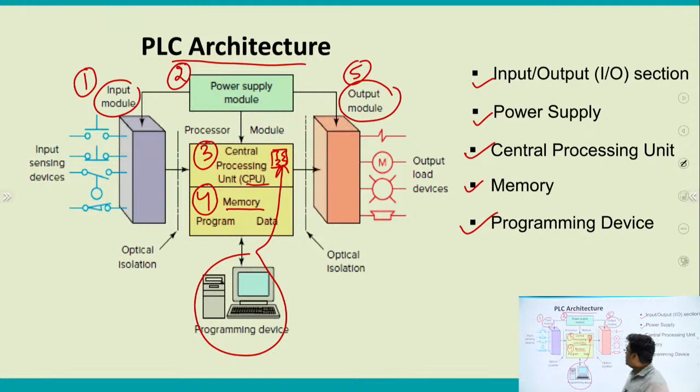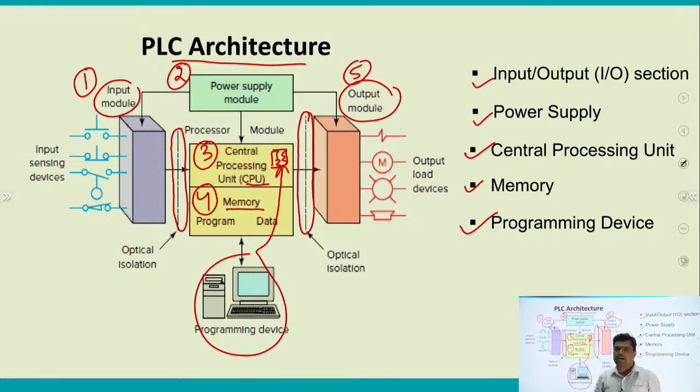You can see one important point: this line on the input side or the output side is the optical isolation, meaning they are not directly connected through any wire to the CPU system, they are connected through optical means, some light kind of thing.